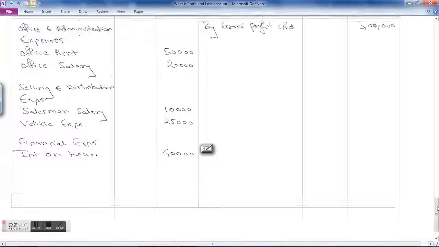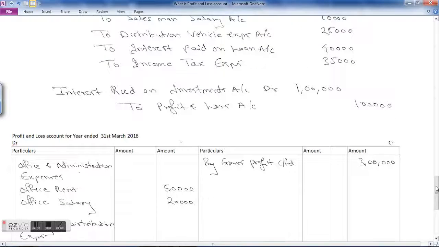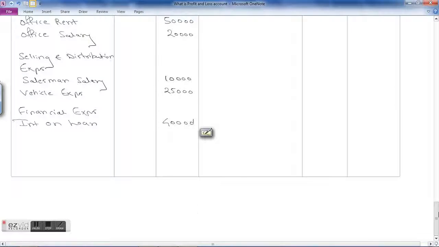Then the next one, income tax expense 35,000.